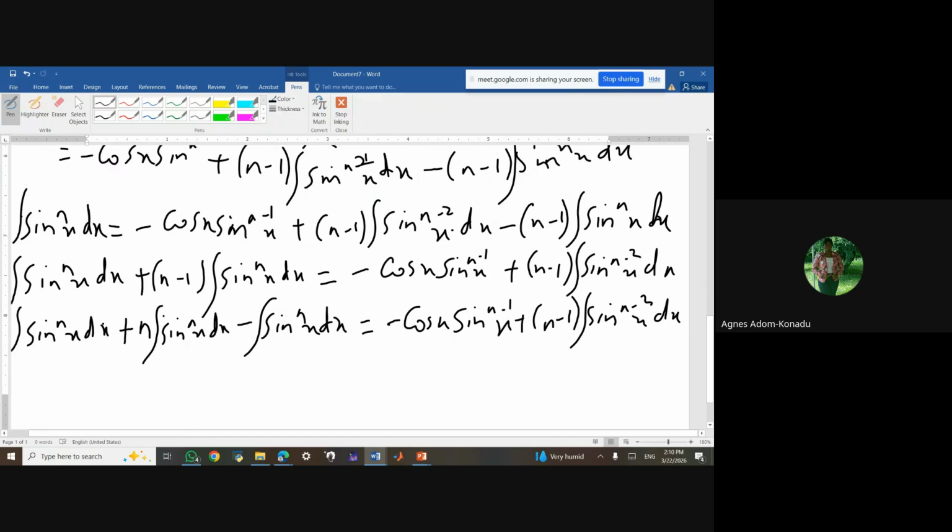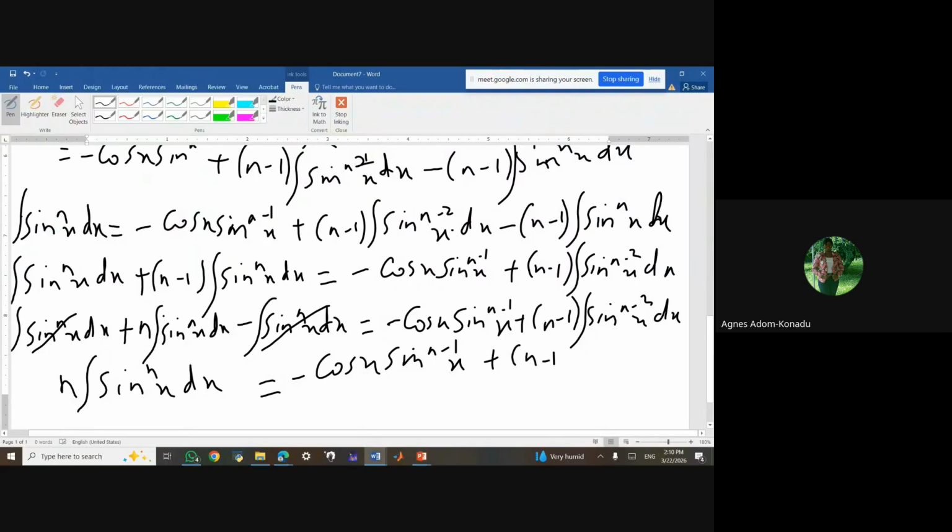So on the left, you can see that you have integral sine nx dx, and you have negative, positive and negative. So this can go with this. Then I'll have n integral of sine nx dx is equal to minus cos x sine n minus 1x plus n minus 1 integral of sine n minus 2x dx.